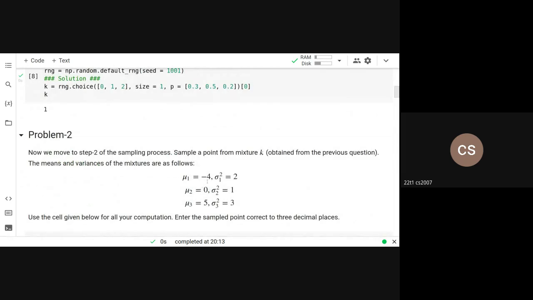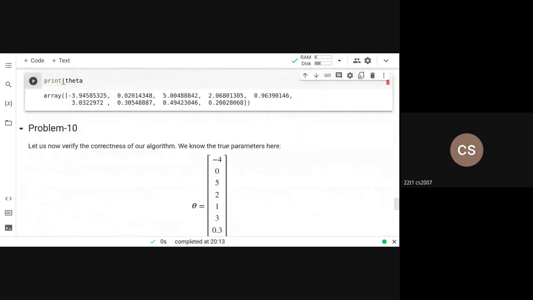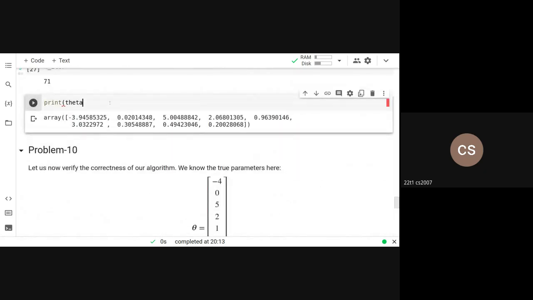Yeah. So the actual values are -4, 0, 5, 1, 3, 2, and 0.3 is the pi of the first mixture, 0.5, 0.2.